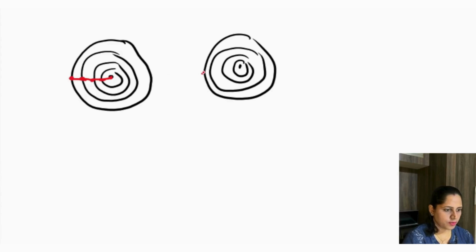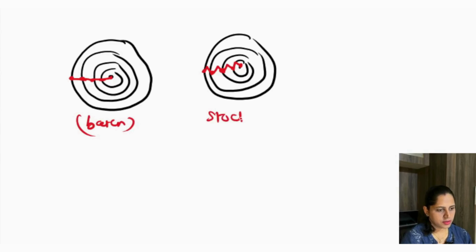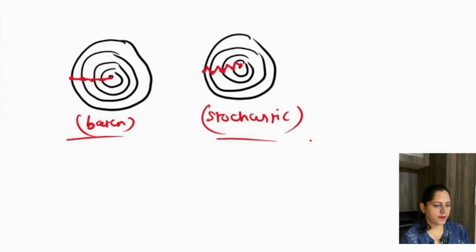If one point is there, it will be like this, sorry, my bad. It is going to be like this, then like this, like this, like this. So this is your batch, this is your stochastic, right?